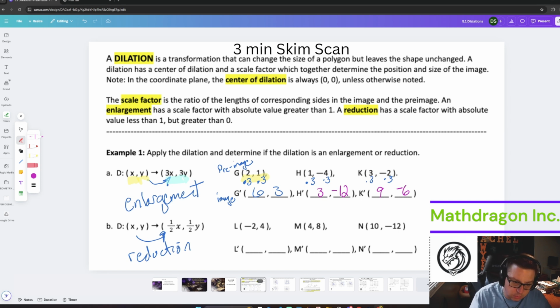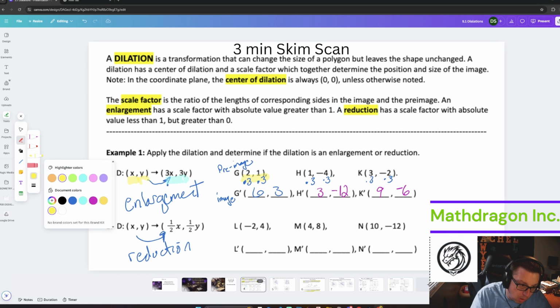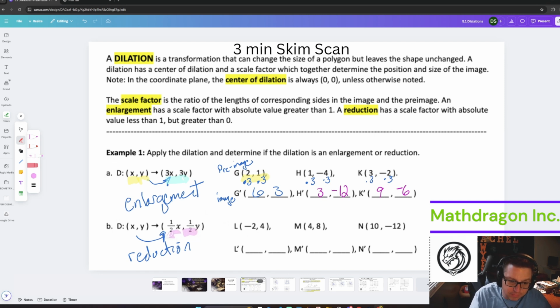Now with our reduction, we're going to get smaller, and we're going to get smaller by a half. We're going to take half of each of these to figure out what our new figure is. So we multiply by 1/2, and that's the same as dividing by 2.